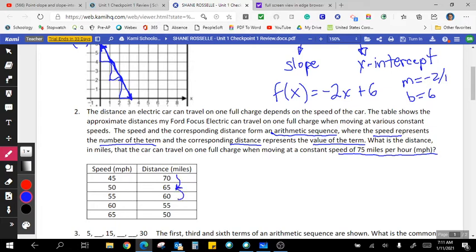All right, so the decrease is 5 miles for the distance. If we're traveling faster, that means we're going to get less distance out of the car because it just takes more energy to travel faster, right? Similar to your body, if you're going faster, you're not going to be able to last as long, right?